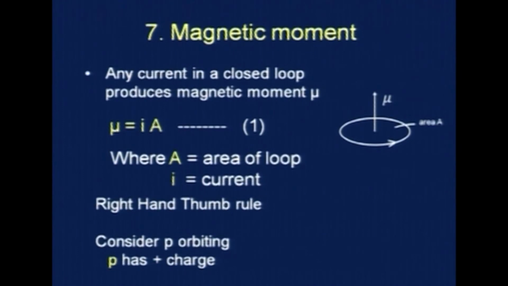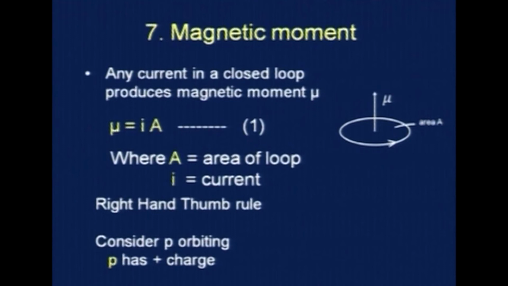Now we go to magnetic moment. As already told you, using the thumb rule, take the particle which is orbiting along the 4 fingers, and the thumb will represent the direction of angular momentum.